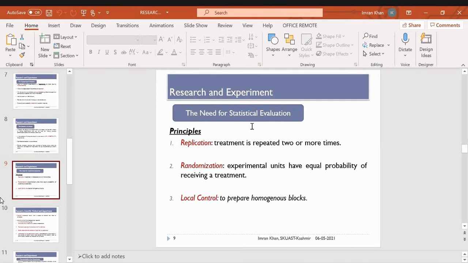Then it is randomization. This is one more principle which we use whenever we apply our treatments. What do we mean by randomization? If I have to test 2 drugs for weight gain, drug A and drug B, and drug A is given to the healthy students and drug B is given to somewhat weaker students, then we can say at the end of the day drug A is better than drug B. Is that the correct way of doing things?